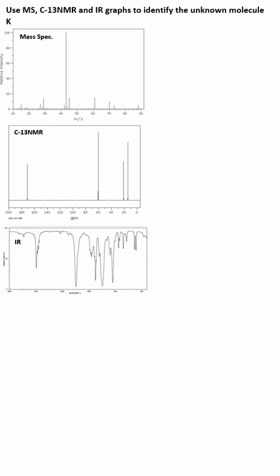Okay, if we look at the mass spec graph for a start, we can see that the peak furthest to the right is at 88 m/z. Remember that the molecule has gone through the mass spectrometer and been charged, gaining a positive charge, so it's the full molecule with the positive charge.